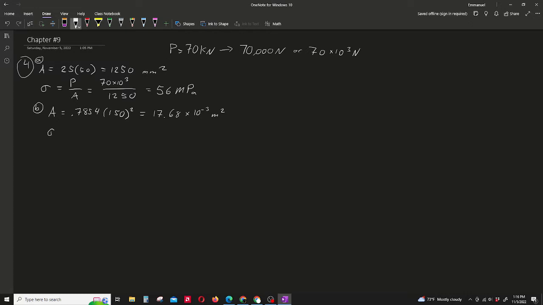So therefore our stress developed in this member here, and again this is axial tensile stress as well. We're going to say that this is the same load, 70, divided by that area that we just grabbed, which is the 17.68.